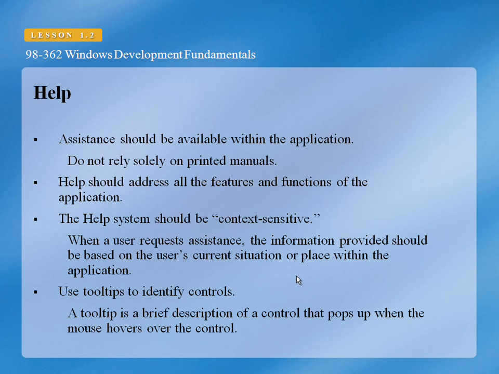The help should be written in sensitive words. Always use tooltips to identify controls. For example, when we move our cursor over a tool, it should display a pop-up showing the use of the tool.